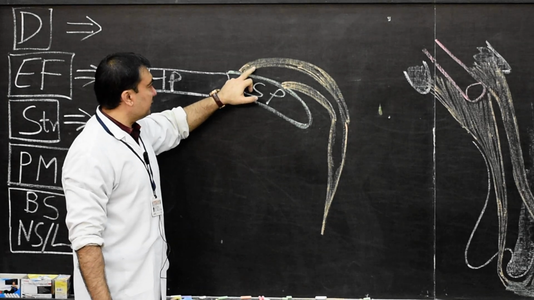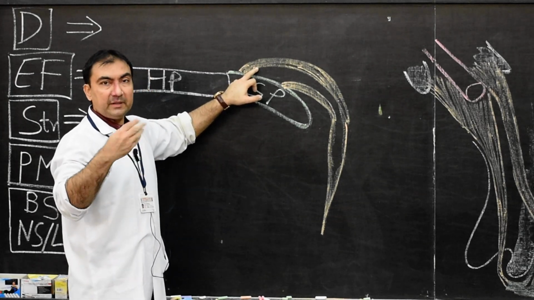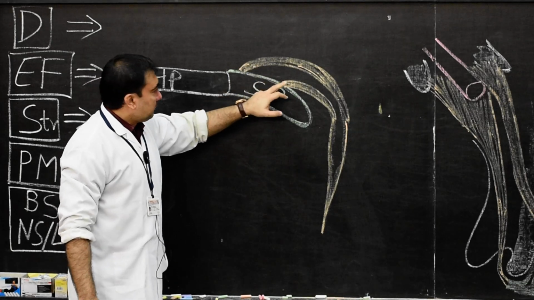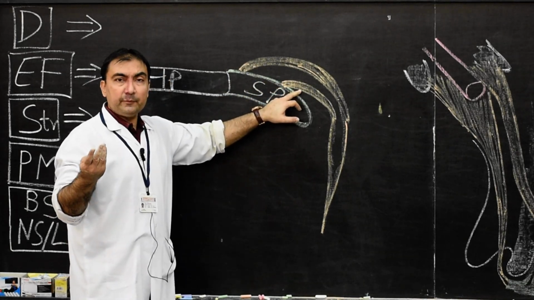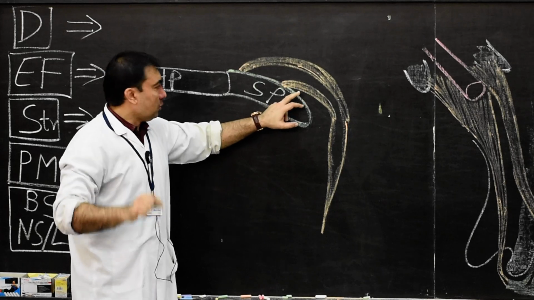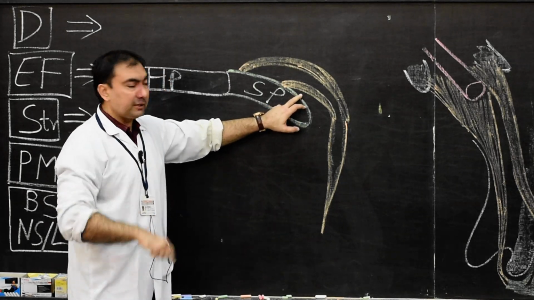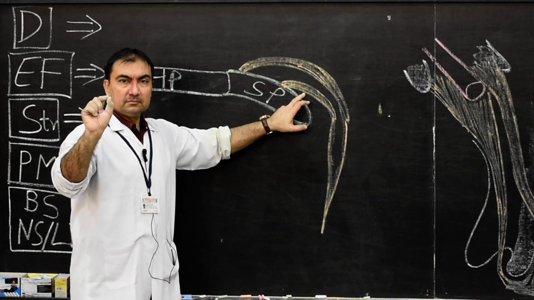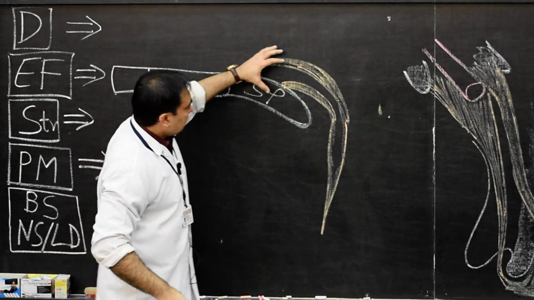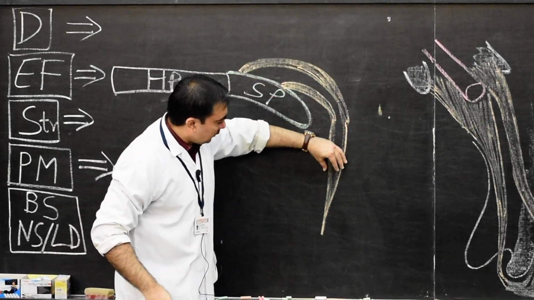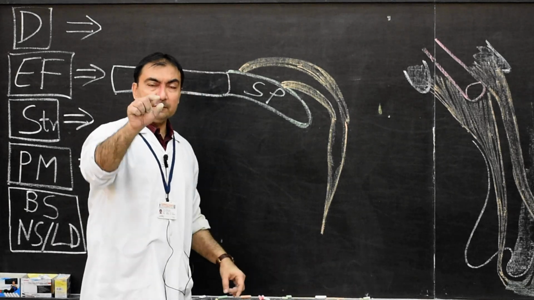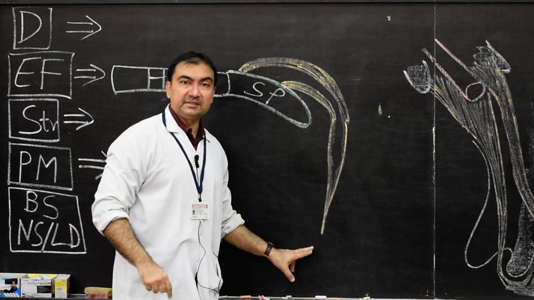That is the origin of the anterior fasciculus or anterior belly. The posterior fasciculus or posterior belly will take origin from the lower part of the posterior surface of the soft palate. Simple, these 2 points. These 2 bellies of palatopharyngeus lower down will fuse and form one single muscle.